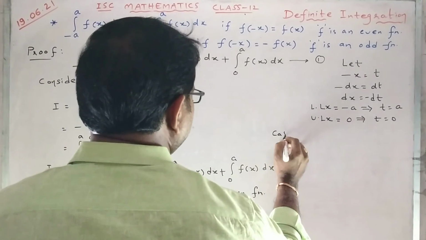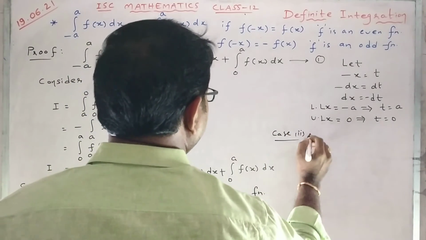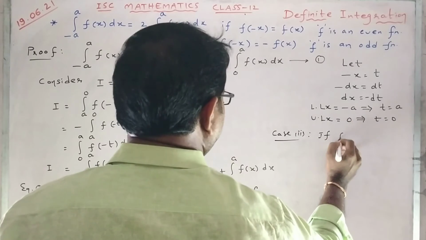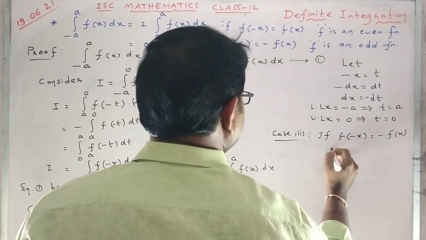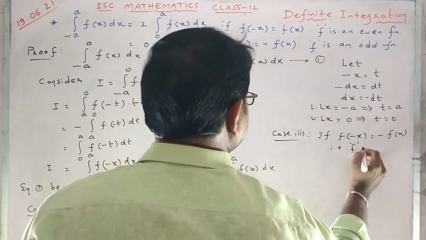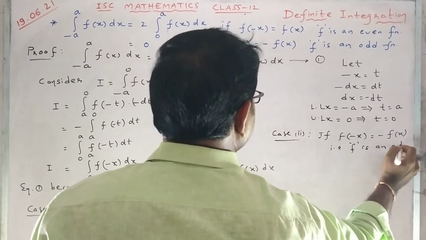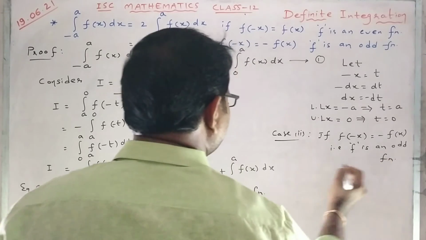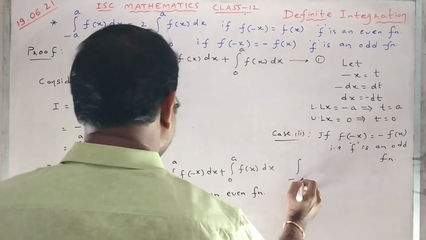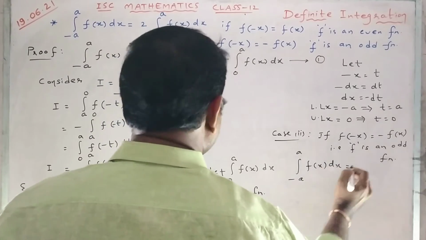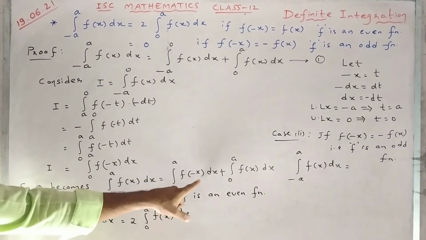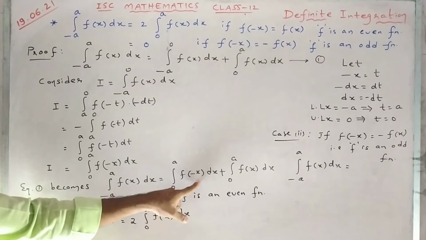What is case 2? Case 2 is if f of minus x equal to minus f of x, that is f is an odd function. In the case of an odd function, integral from minus a to a of f of x dx will be, in the place of f of minus x, if you put minus f of x, what happens?